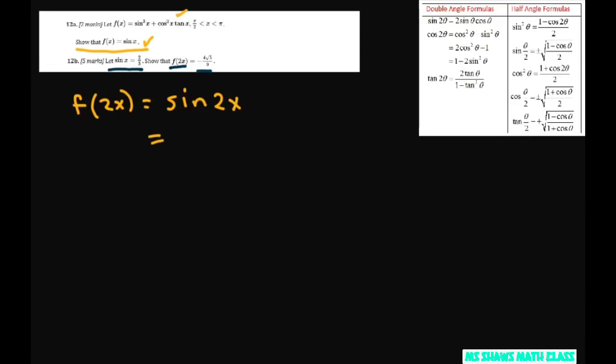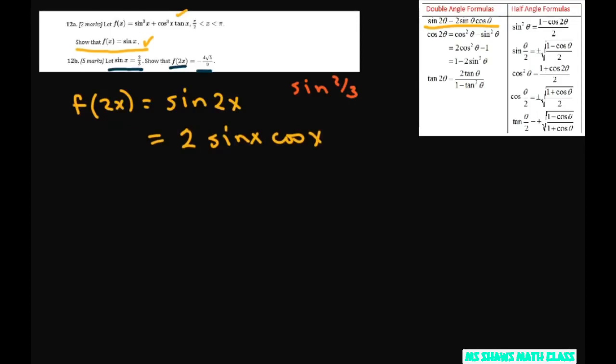And our formula for double angles is that this is equivalent to 2 sine of x cosine of x. Well, we already have our sine of x, it's 2/3. So now let's find our cosine of x.